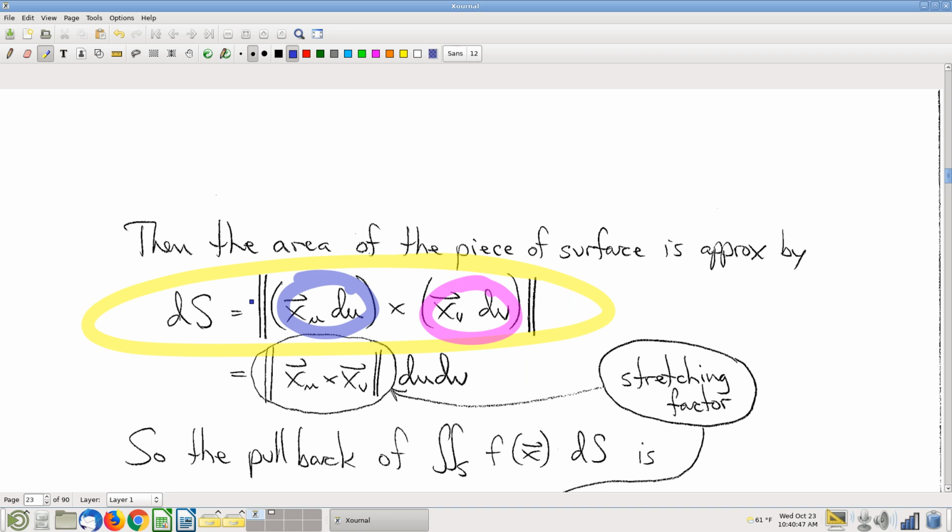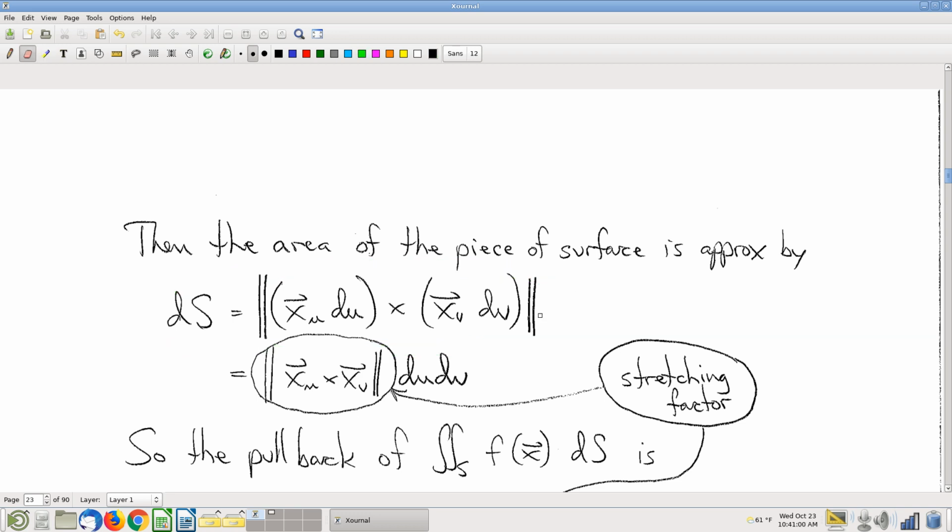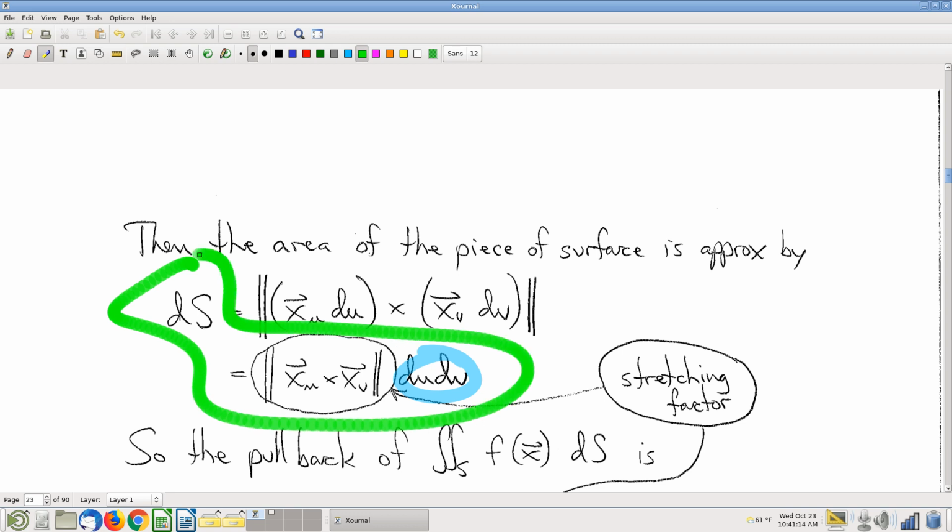And so there's your formula. Now, keep in mind, my goal was not just to compute dS by itself. I want to know how dS is something times du dv, my original pullback area. Notice that these differentials, du and dv, will factor right out, and as desired, dS is something times du dv.